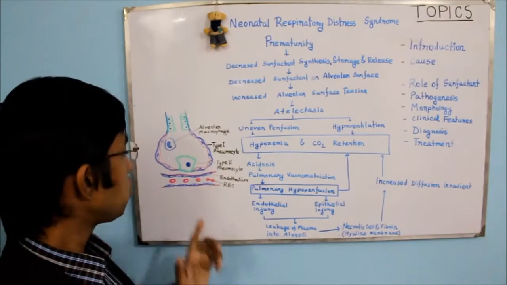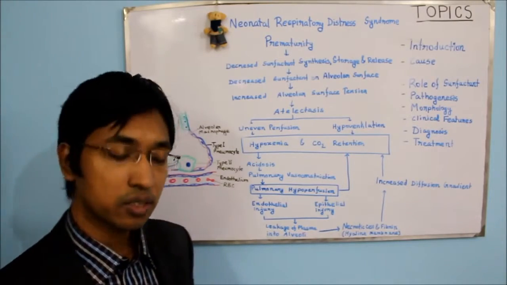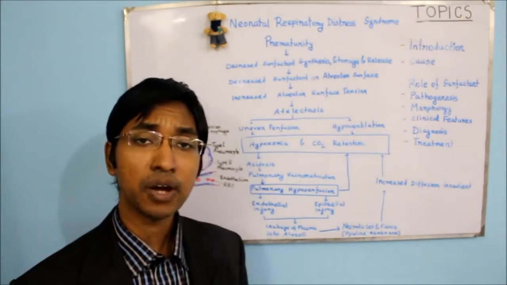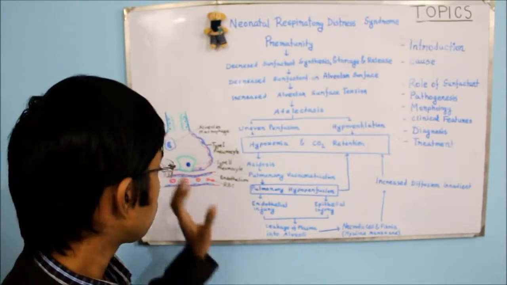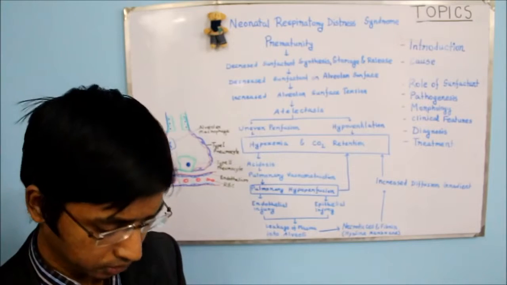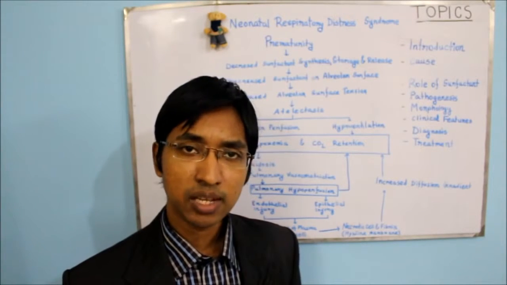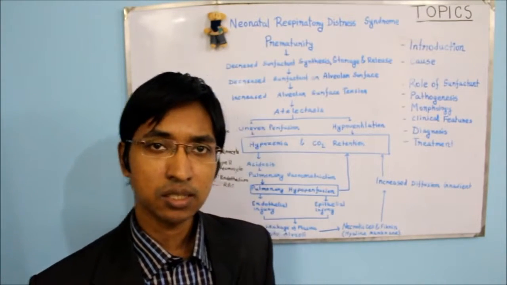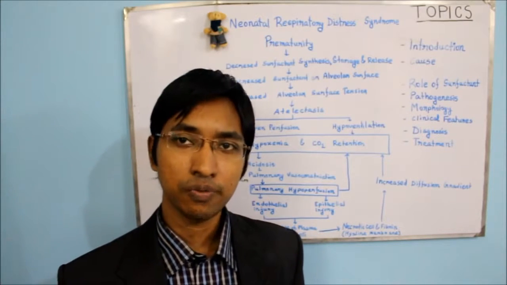So type 2 pneumocyte will release surfactant, and the main function of surfactant is to reduce the surface tension of the alveoli.